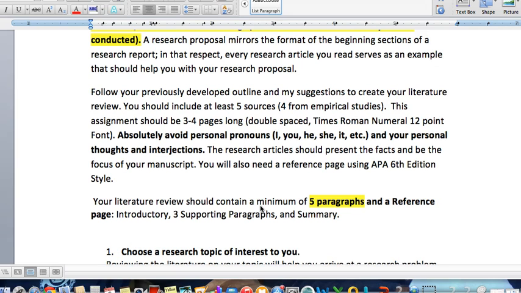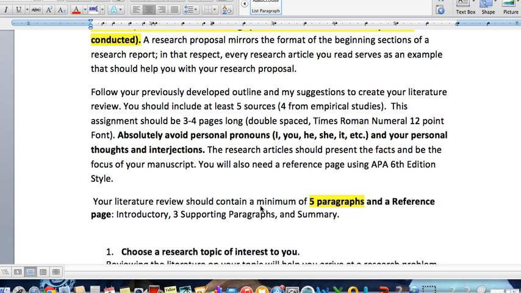With the outline, you start with basically your problem statement in your introduction. You come up with a thesis that has at least 3 supporting things that you're going to talk about in your literature review.